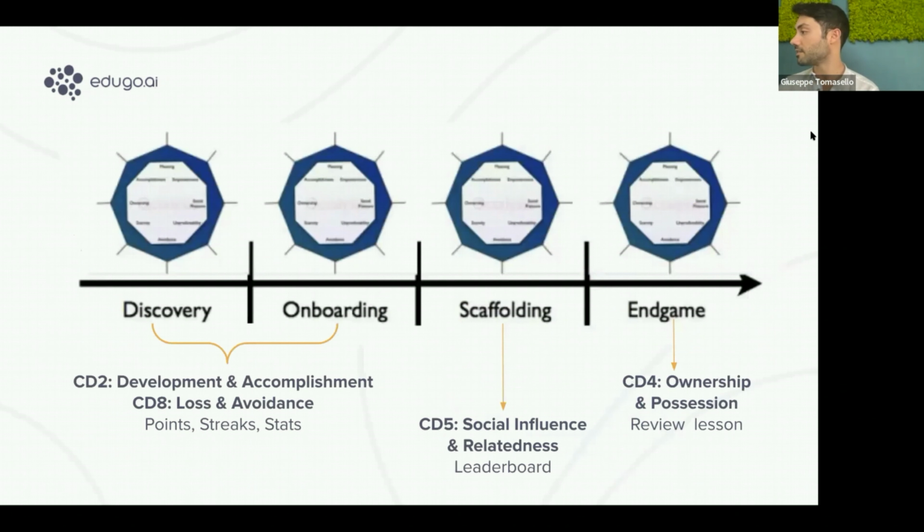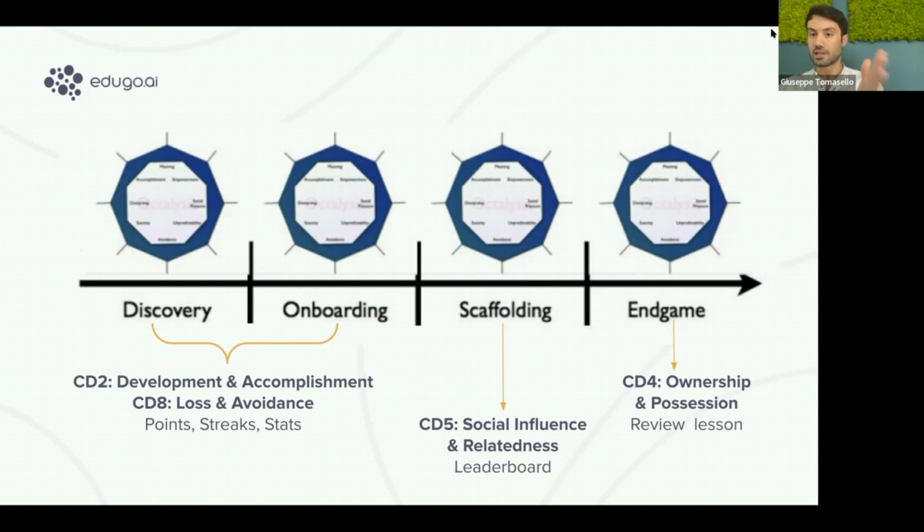So the slide here is about the experiences that we showed you today and how they are connected to the gamification framework. You have the discovery and onboarding phase. They are connected to core drive number 2, which is development and accomplishment, and also core drive 8, loss and avoidance. Because the student, remember, does this lesson at the beginning from LinkedIn.